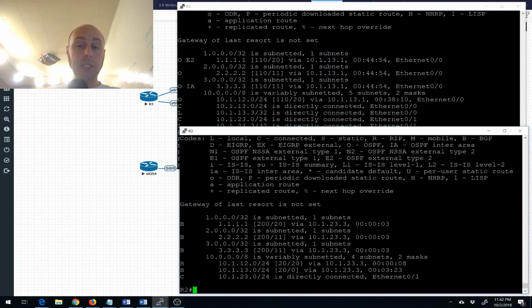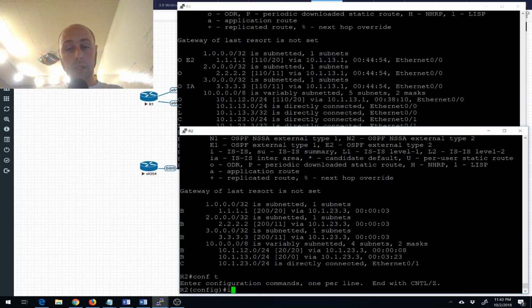Even though I'm learning these prefixes via an eBGP speaker, an eBGP peer, so these should be administrative distance of 20 by default. But because we had the backdoor statement specifically, it is going to be administrative distance 200.